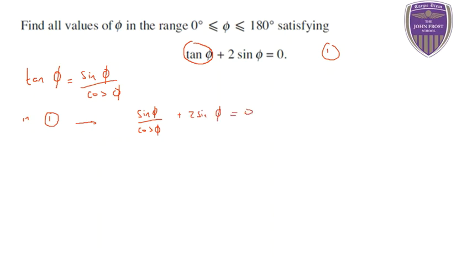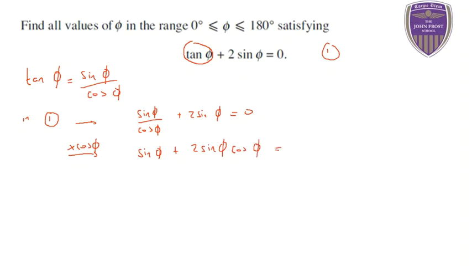This doesn't look very friendly, but I'm going to clear this cos phi by multiplying the entire equation by cos phi. If you do that, it's going to kill this cos phi, so you're just left with that. But this term here, if I'm timesing it by cos phi, it's going to be 2 sine phi times cos phi.